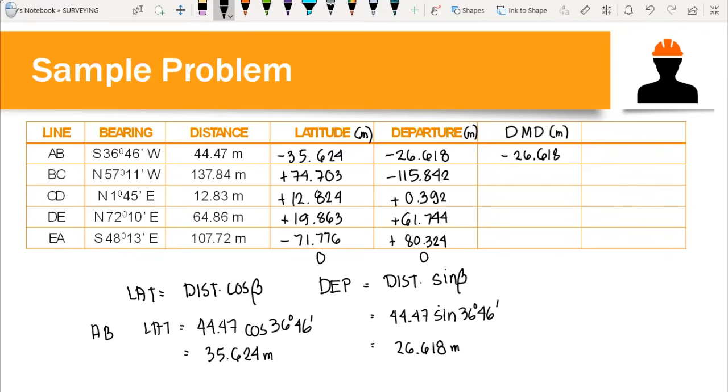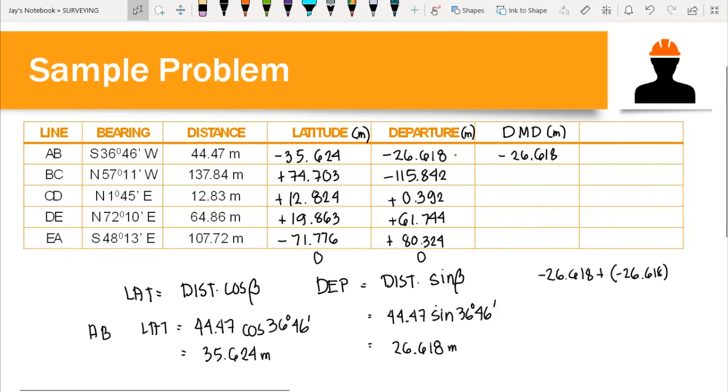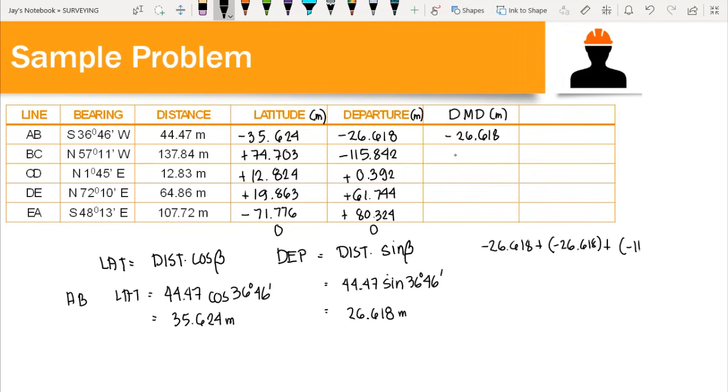Then the next step is to add the DMD to the equivalent departure, then the departure of the succeeding line. So we add negative 26.618 plus the departure of the same line, negative 26.618, then plus the departure of the succeeding line, negative 115.842.